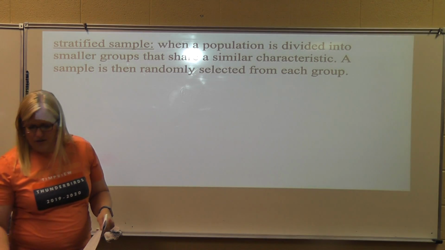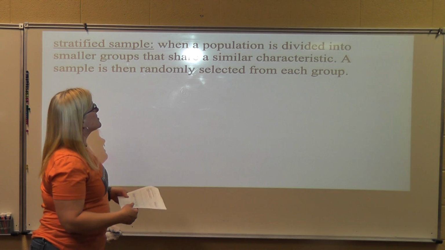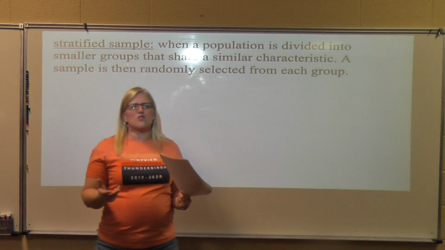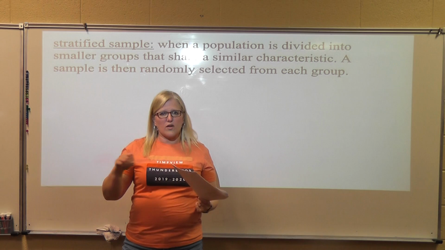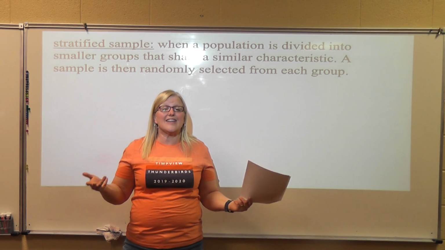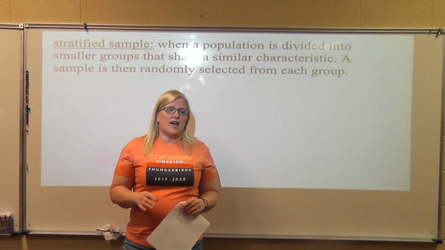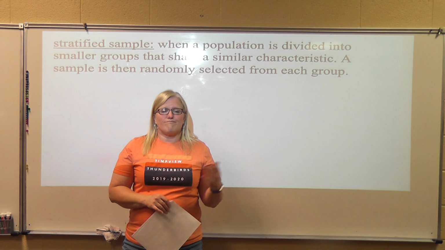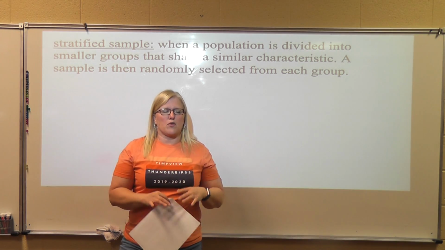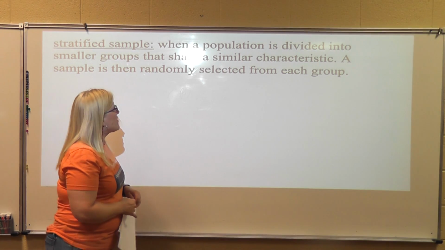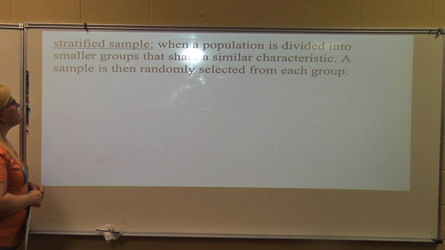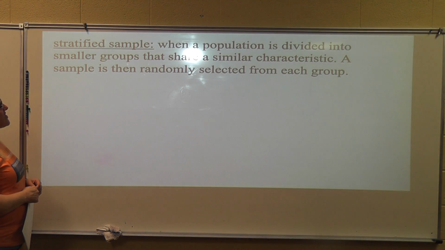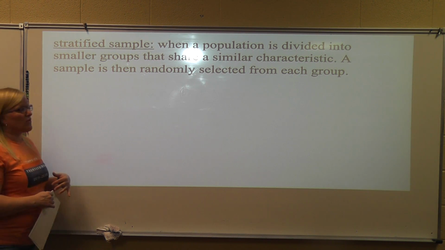Next, we have a stratified sample. If you're having to write these down, pause so you can write them down, because you're going to need these for homework. Don't think you have to keep up with me talking. Stratified sample: when a population is divided into smaller groups that share a similar characteristic, a sample is then randomly selected from each group.